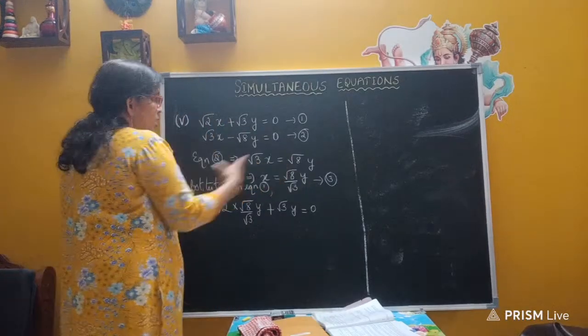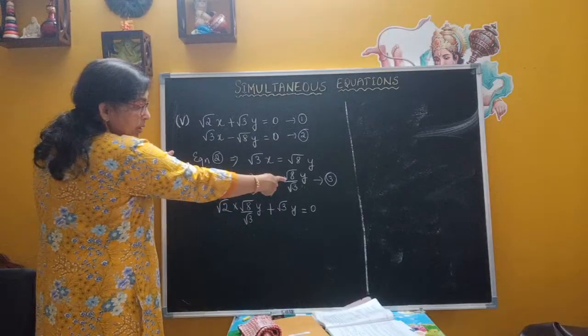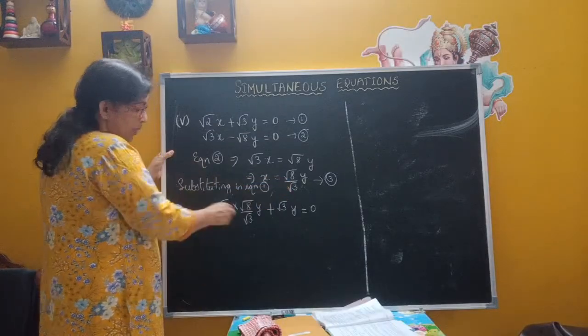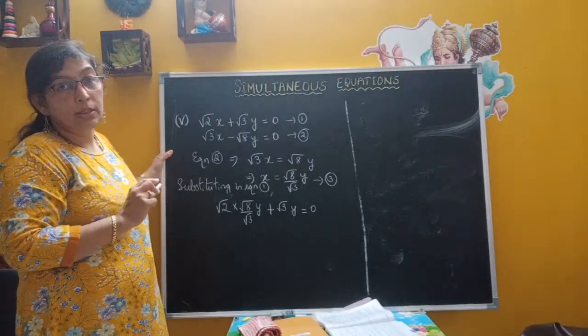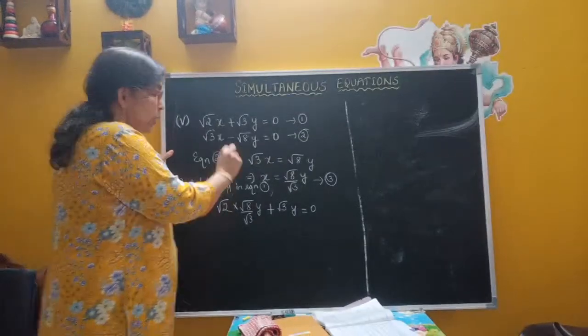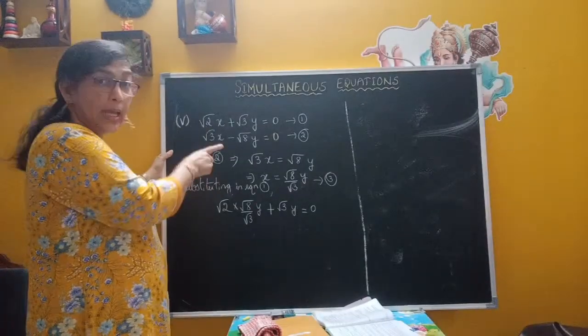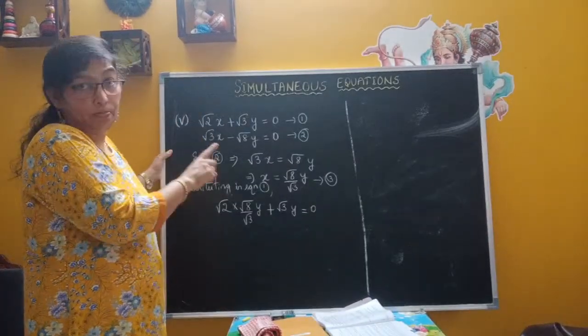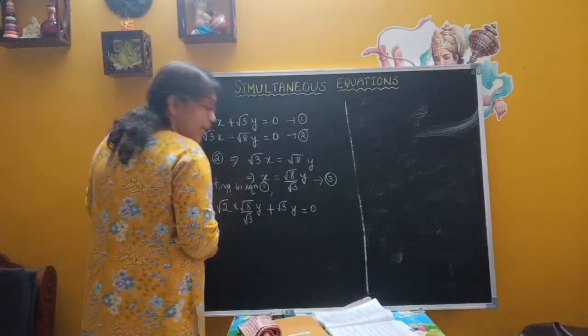Substituting this equation 3 in equation 1, that means in place of x, I need to write root 8 by root 3 y. Now you have learned real numbers, how to multiply them. Square root of a into square root of b is equal to what? Root ab, the square root of a into b inside the radical sign.